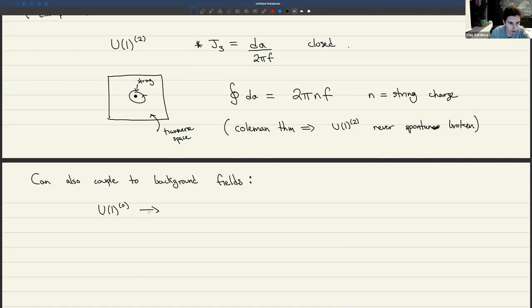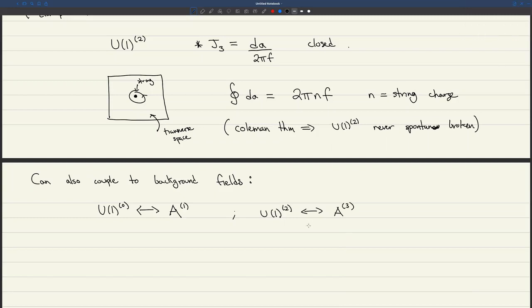So for an ordinary symmetry, we'll couple the current to a background ordinary gauge field. Oops, I should get my notation straight. So we'll have A with one index. And for the two-form symmetry, we should couple to a gauge field with 3 indices.